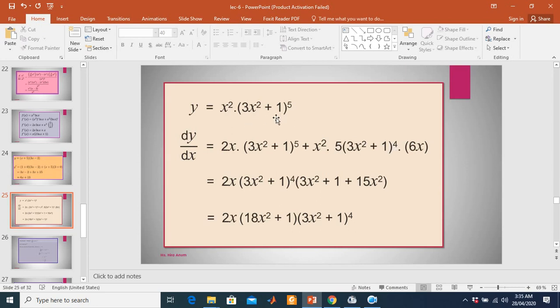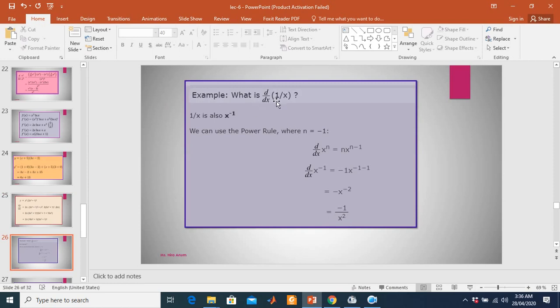Now we take the derivative of the inner part: 3x square plus 1. 2 multiplied by 3 equals 6, and 2 minus 1 gives x, plus 1. 1 is a constant, so its derivative is 0, giving 6x. Now we multiply and simplify, then it becomes 2x plus 18x square times (3x square plus 1) power 4.